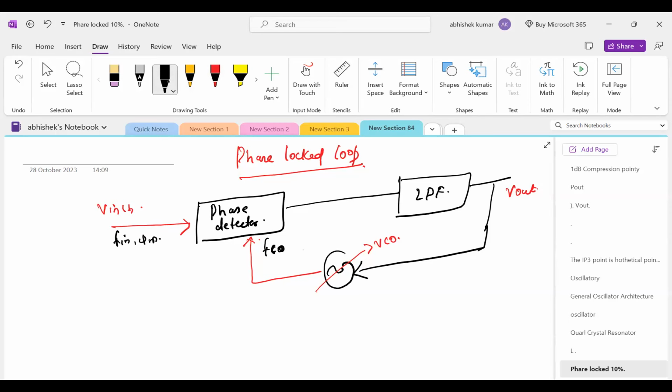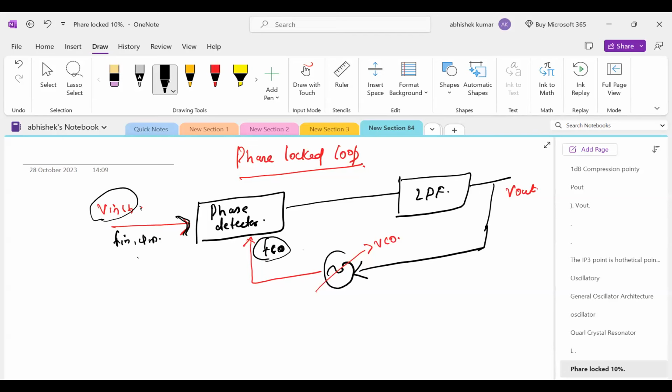So what happens now? Depending upon the input signal, we have different frequencies, and according to that frequency, the phase is changing. We are getting an output frequency using the VCO depending on these voltages.